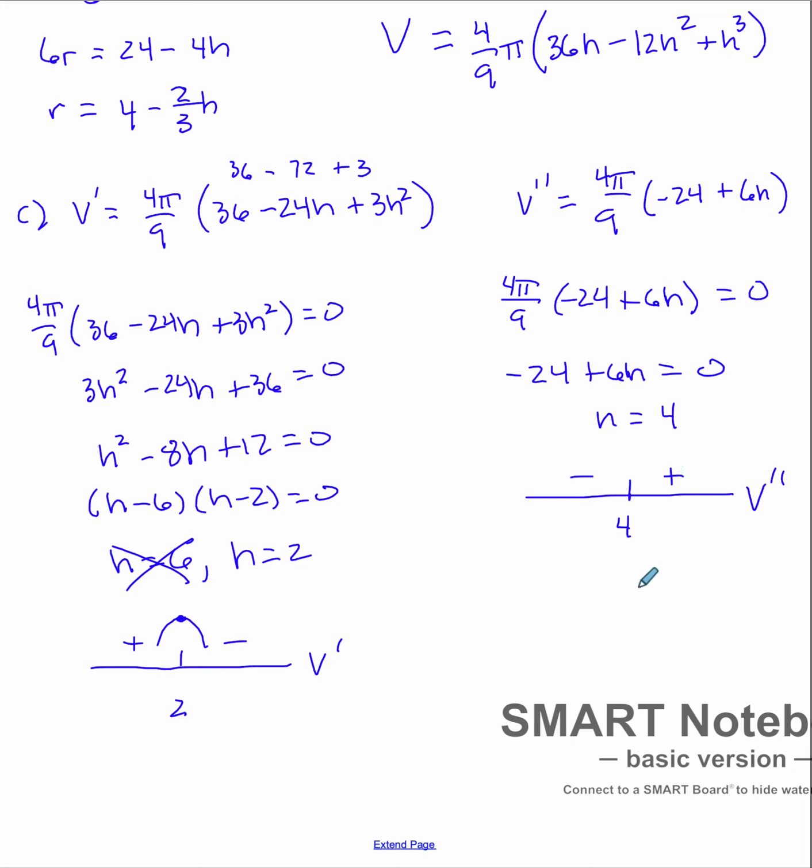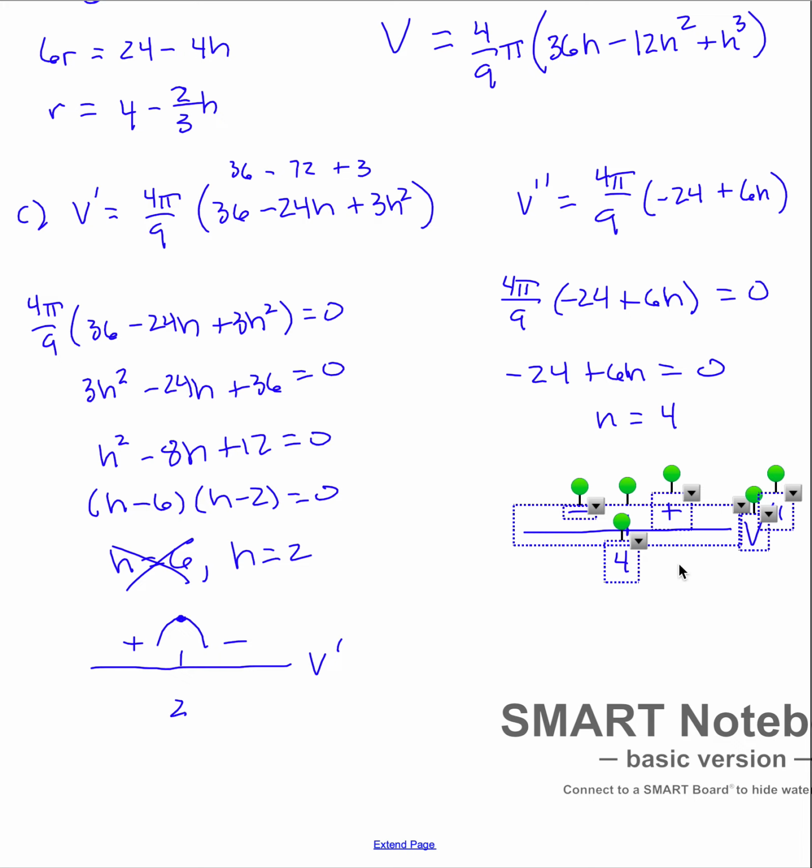Okay. So that means that to the left of 4, the volume function is concave down. And we talked about this a little bit. I'm going to give myself a little bit more room here. Concave down, so that means the graph opens downward, and here, concave up, the graph opens upwards. So what does this mean?